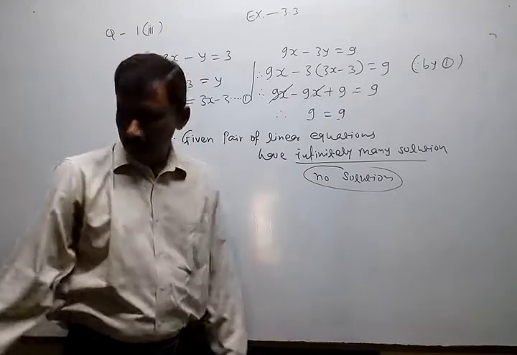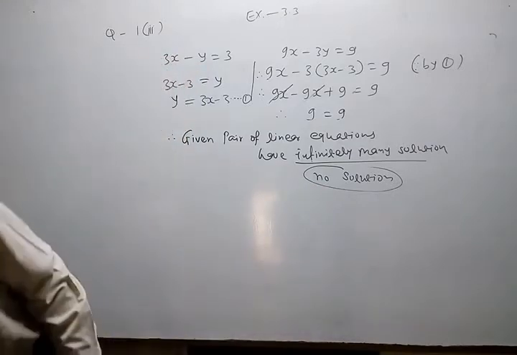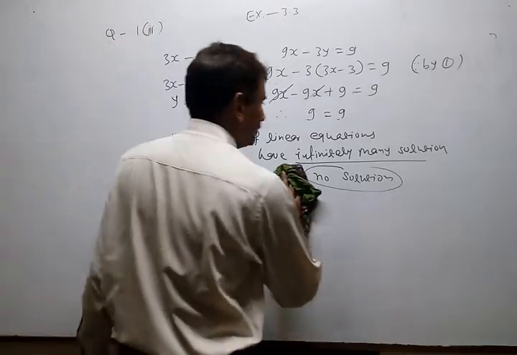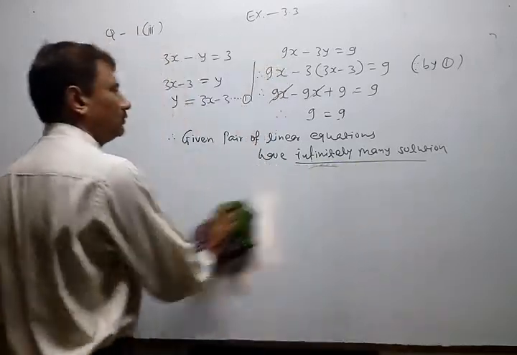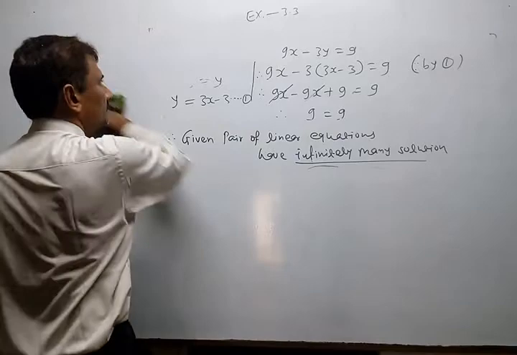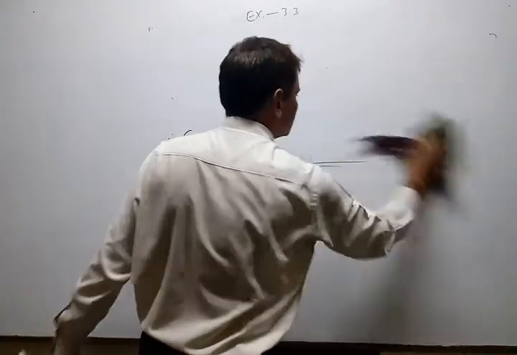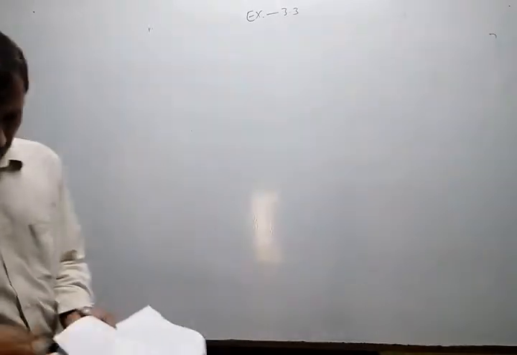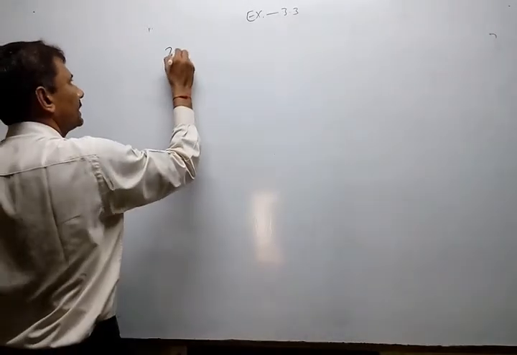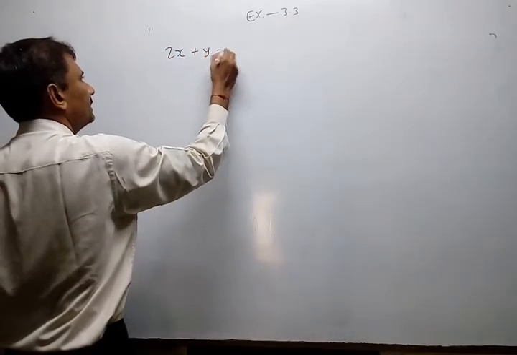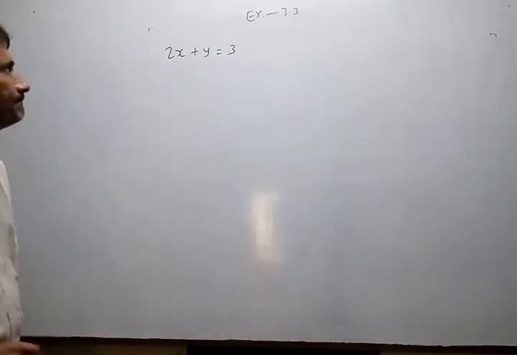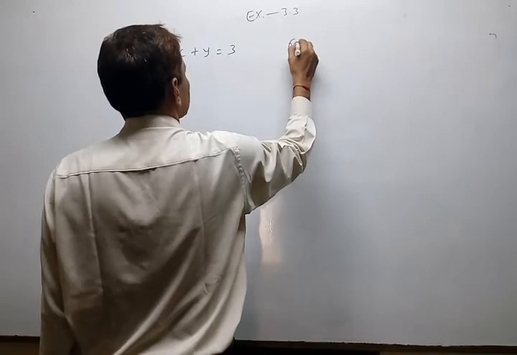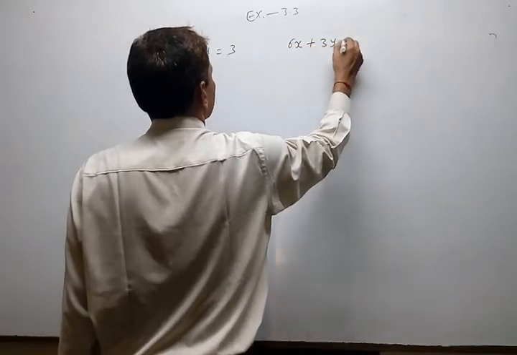But that type of sum is not given, so I am going to take one extra sum, not from the textbook. 2x plus y equal to 3, and 6x plus 3y equal to 5.